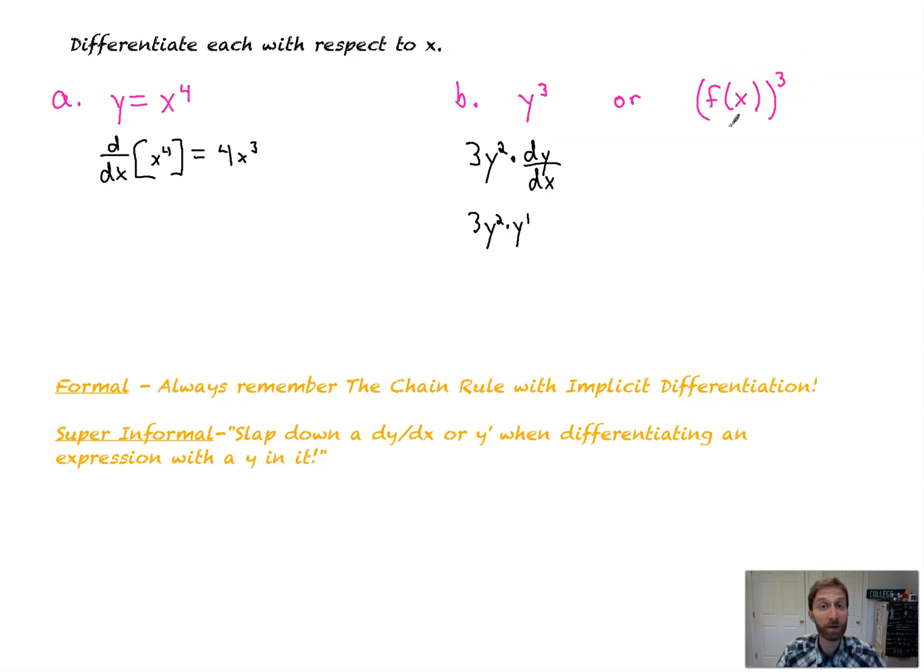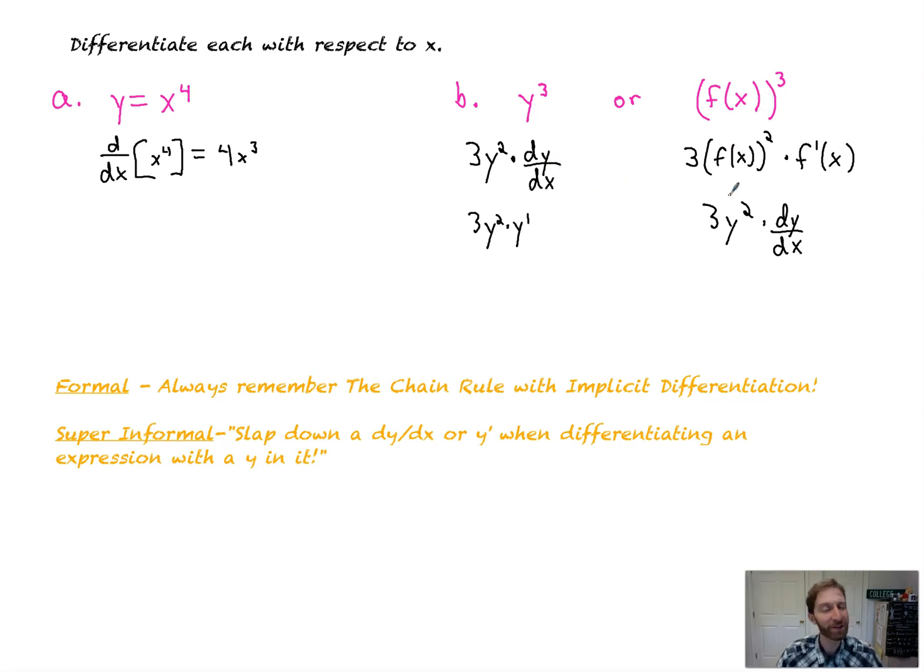So if we take the derivative of this, you get the derivative of the outside, using the chain rule, times the derivative of the inside. Isn't that nice? So you see that you have 3 times f of x, which is y, 3 times y squared, times the derivative of y with respect to x, dy dx, or y prime. So looking at it this way, with the implication in place, it makes sense how this is the chain rule and why it works.